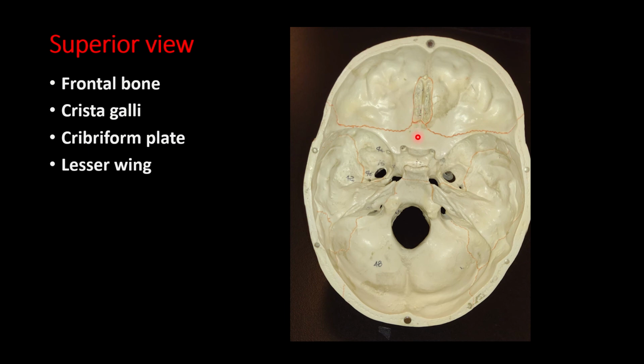And then you have the sphenoid. These other structures that I'm talking about here are the sphenoid bone. The sphenoid bone starts from here, goes like this, and comes like that. So this is the sphenoid bone. The sphenoid bone has lesser wings. There are 2 of them. The greater wings.